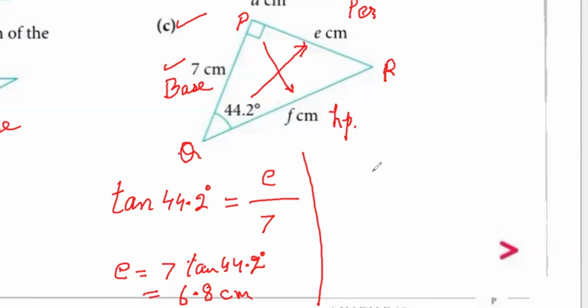Or we can use any other trigonometric ratio. Please be clear about it that if the two sides of the right angle triangle are given, then you can apply either Pythagoras theorem or trigonometric ratio. It's up to you. Okay.